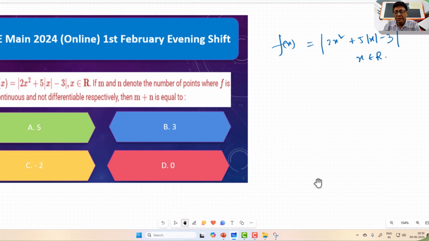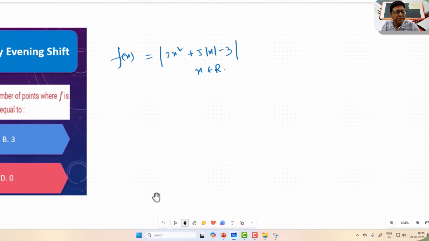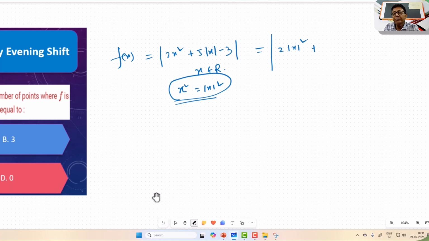Let us first draw the graph of the function. This function we can rewrite as mod of 2 mod x square plus 5 mod x minus 3, since x square and mod x square are the same thing.